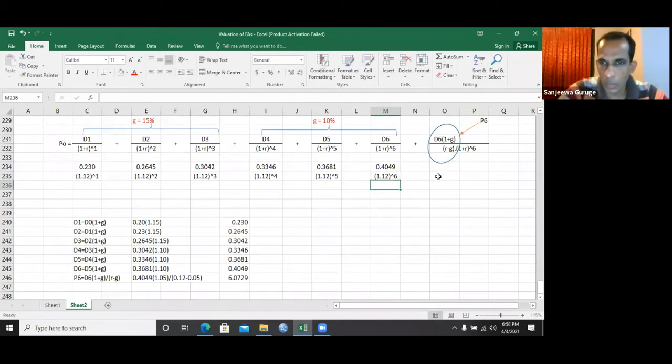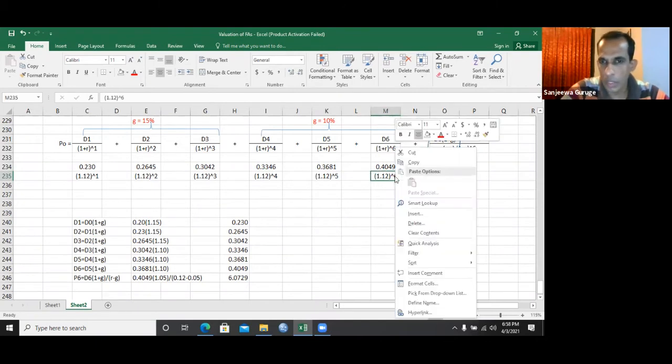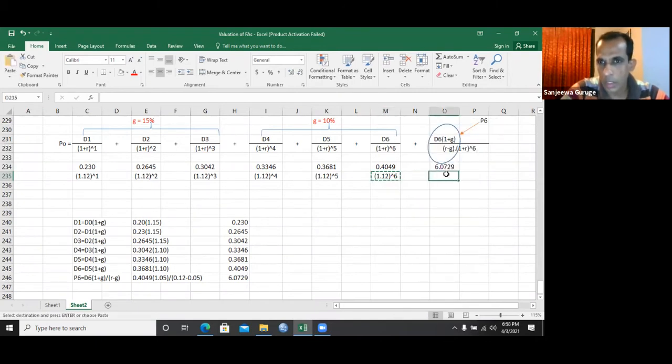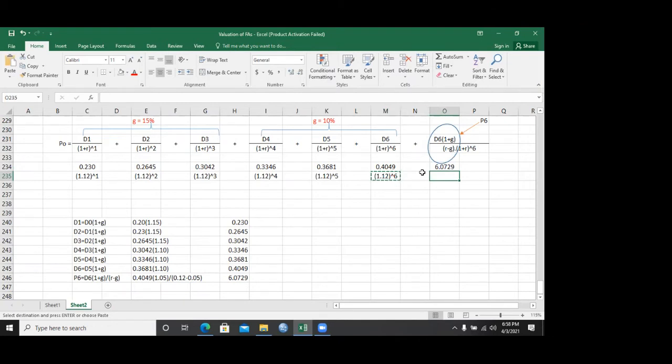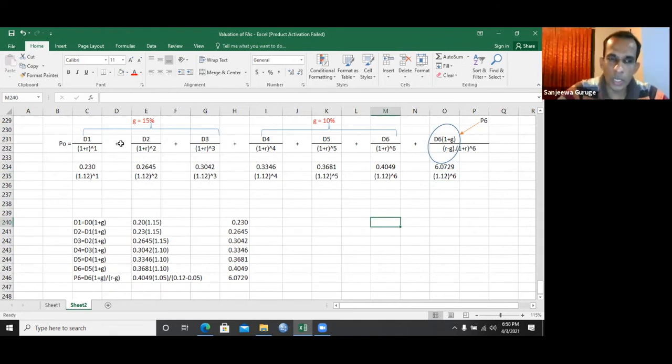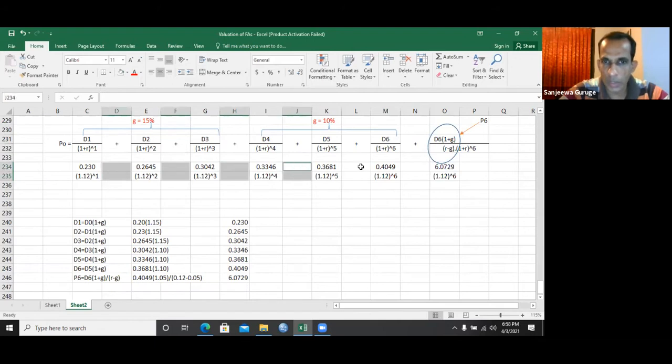And then you calculated P6. P6 equals 6.0729, and that should be discounted for how many years? That should be discounted for 6 years, right? Okay, so that is how we have to calculate the price.